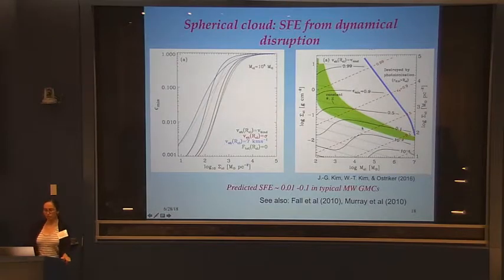Below the green band, evolution is always dominated by gas pressure. Above the green band, evolution is always dominated by radiation pressure. And here, there's a transition between them. For Milky Way clouds, which are in this range here, with surface density typically of about 100, you'd get a predicted star formation efficiency based on H2 region disruption of between 1% and 10%.